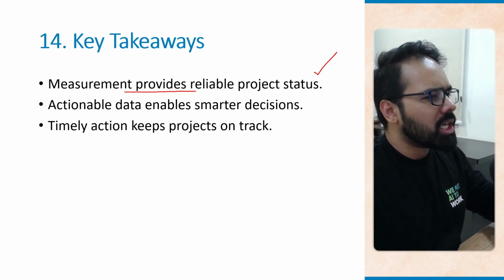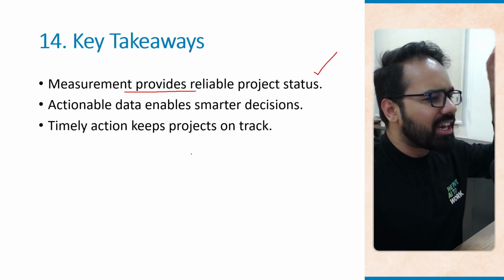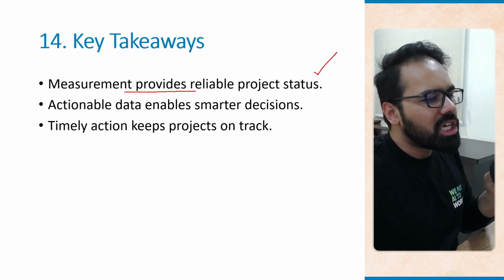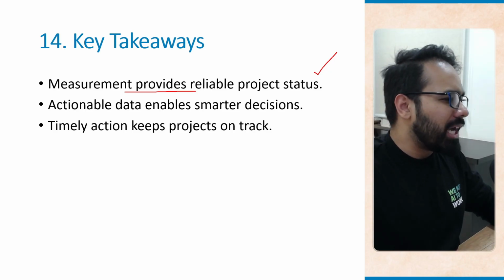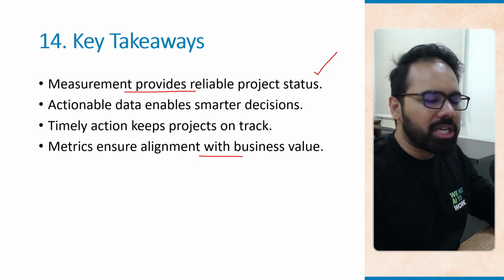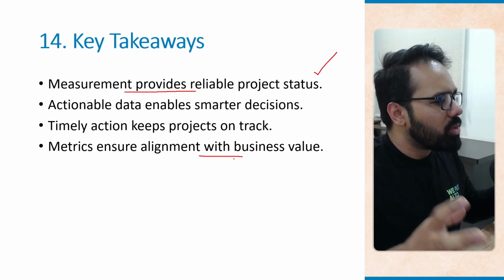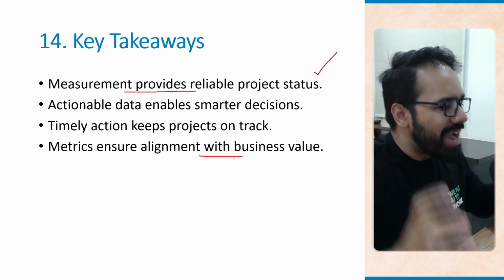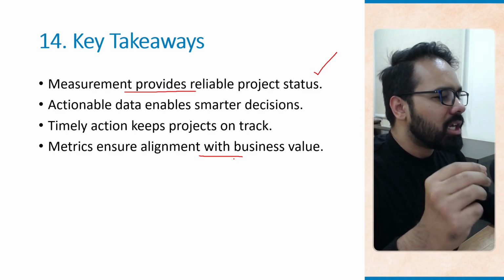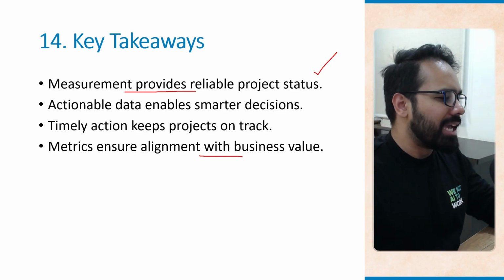Timely actions keep projects on track. When we identify a red flag, such as low test coverage, we can immediately fix it instead of waiting until the launch day. Metrics ensure alignment with business value. As an example, monitoring conversion rates and cart abandonment rate helps ensure the site delivers the ROI that is expected by the business.